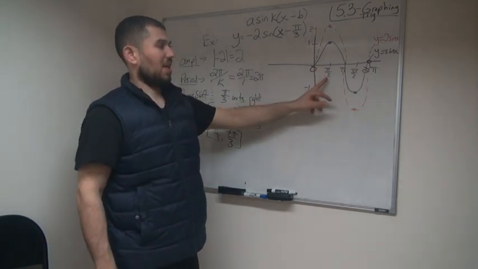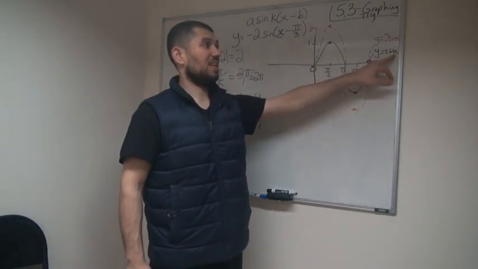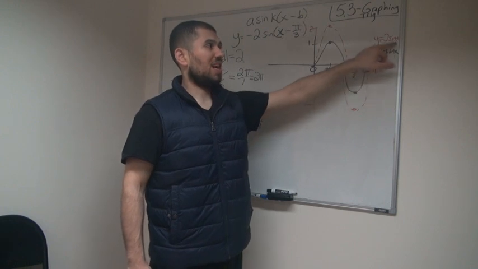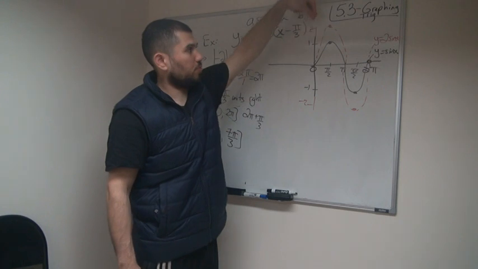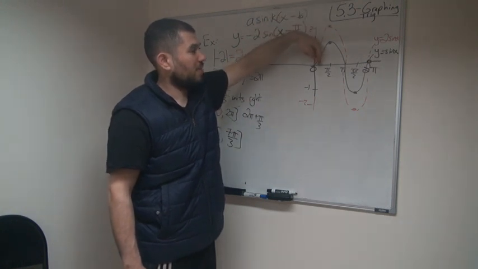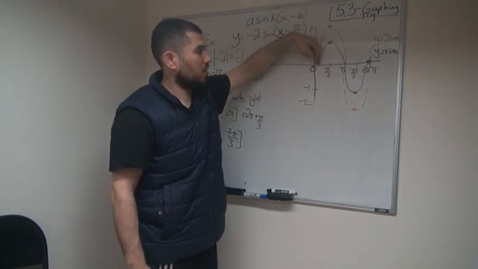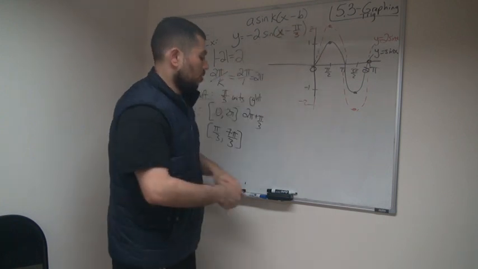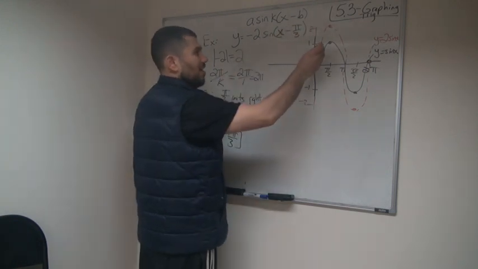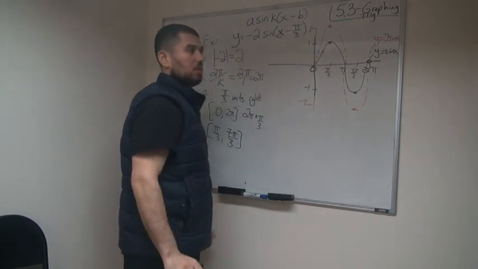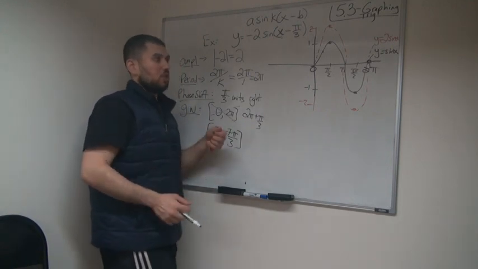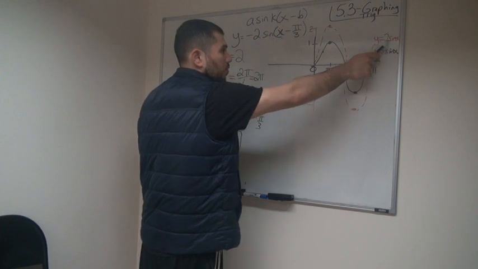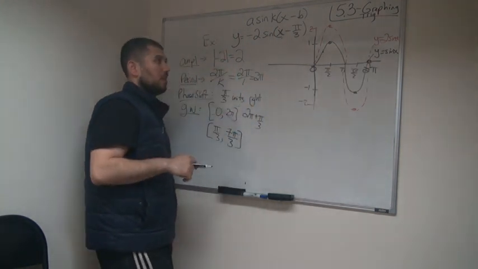But this max value, the sine of 90 is 1, but 1 times 2 is 2. So my max was pulled up, as was every other point. For any other x value here, whatever the y output was before is now going to be doubled. So it's not like a vertical shift, it's a stretch. I'm stretching the function out by multiplying the output by 2.